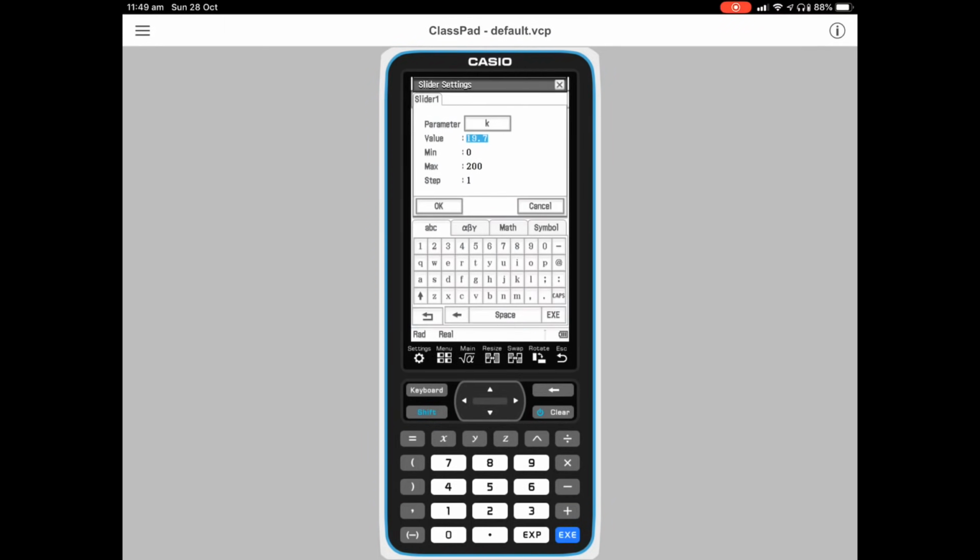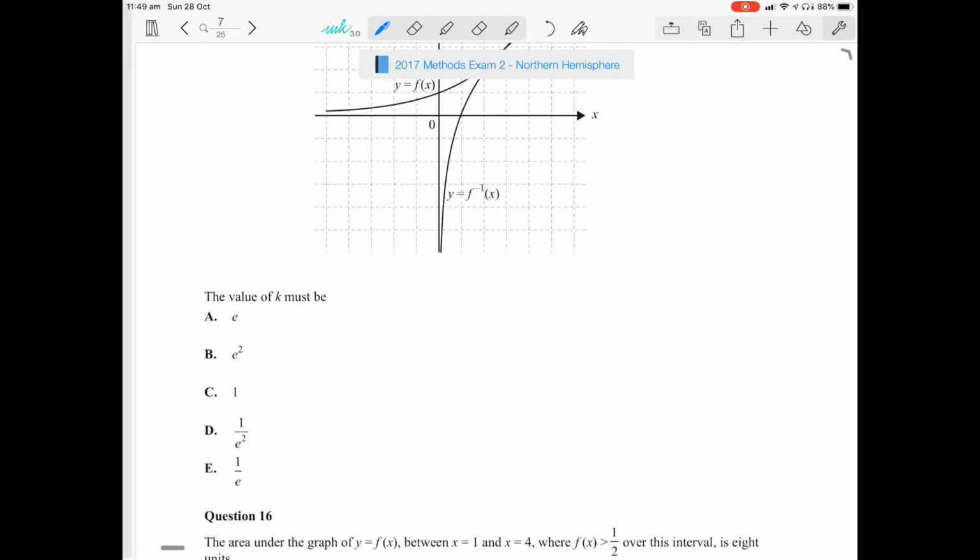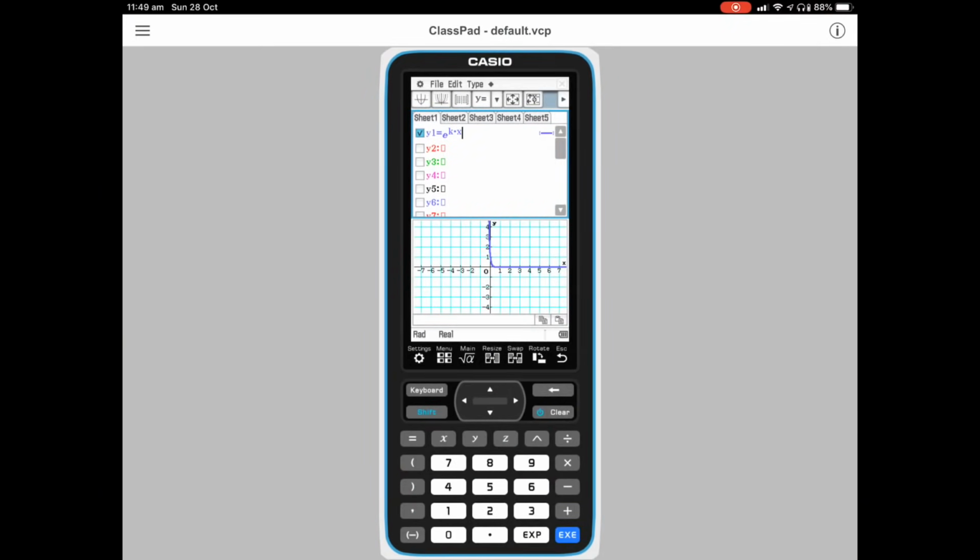Let's change our values of k. Let's go negative 10 to 10, step is 1. Okay, but let's do it, say, given, what are the values? E and e squared.